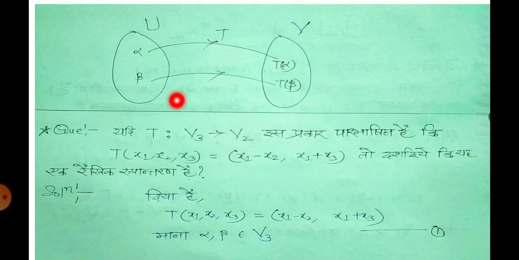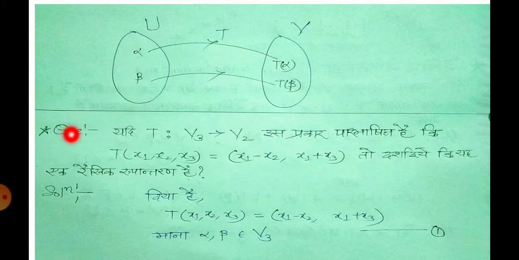In this diagram, capital U and capital V are two vector spaces, and a linear transformation capital T is defined between them. Alpha is an element in capital U, then T of alpha is an element in capital V, and T of alpha is the image of alpha. Similarly, T of beta is the image of beta.